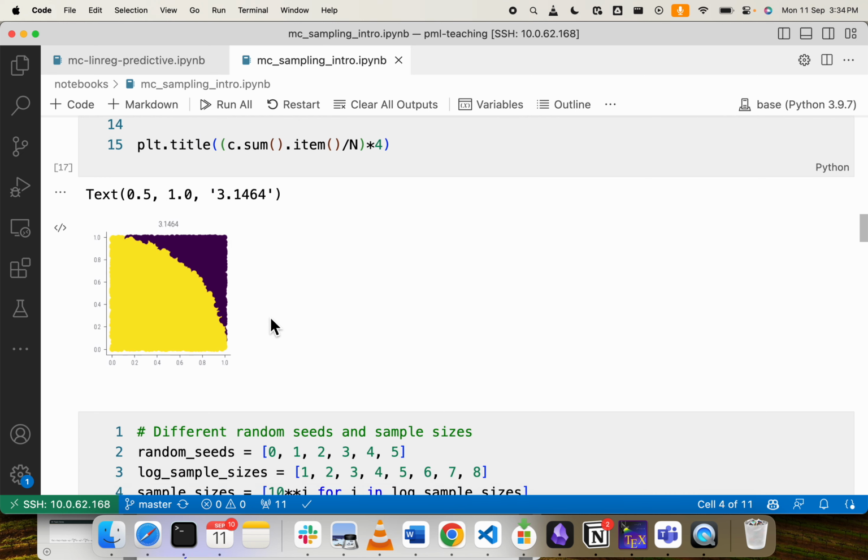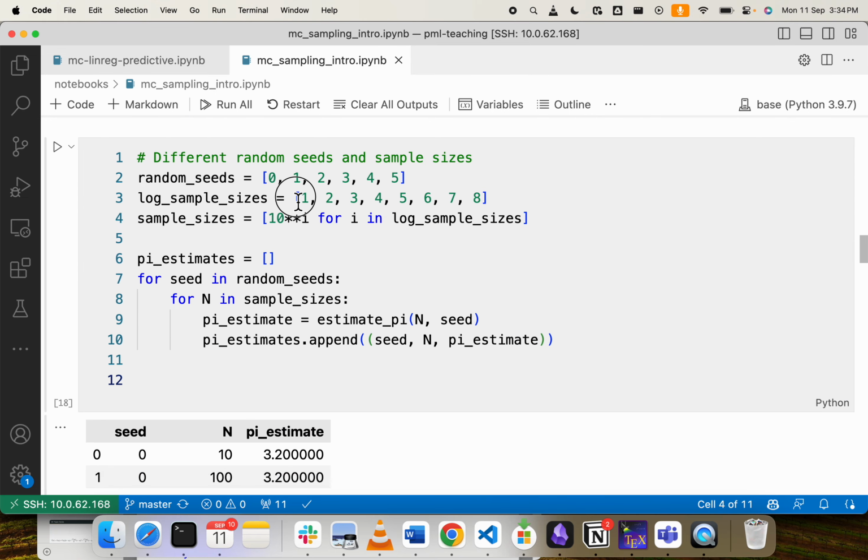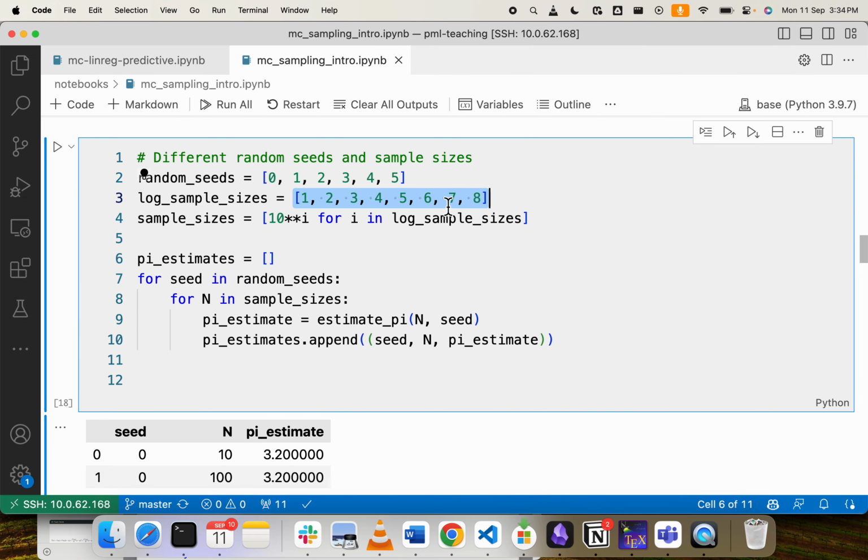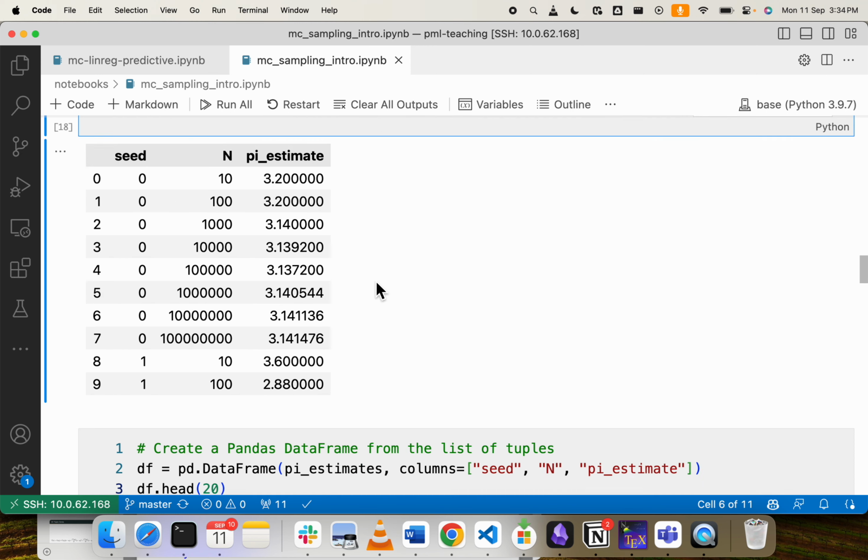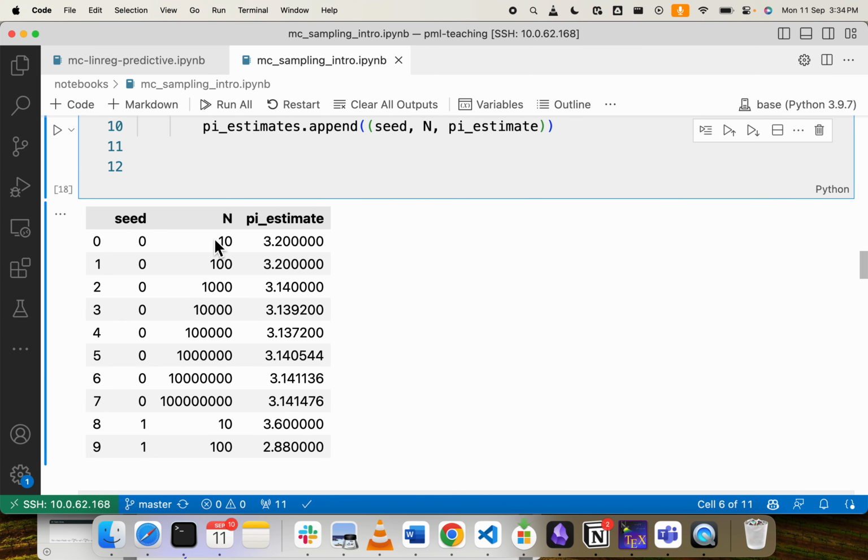And then what we did was, for different sample sizes, 10 to the power 1, 2, 3, 4, 5, 6, 7, 8, we were generating different numbers of samples. And we were trying to obtain the estimate of pi for different random seeds. And we get a table like this. For each number of samples n, we have different seeds, and we obtain a different estimate of pi.